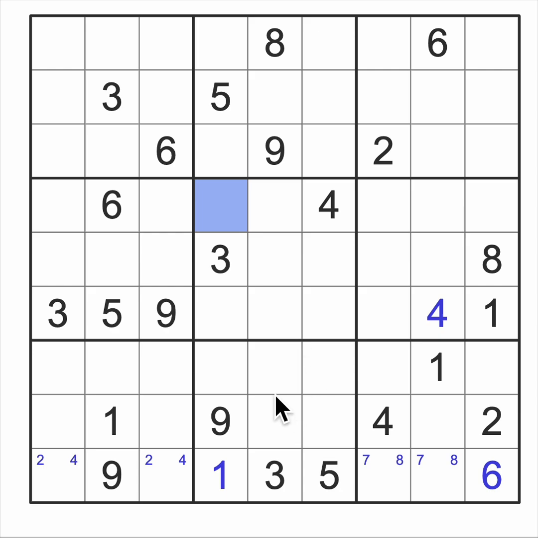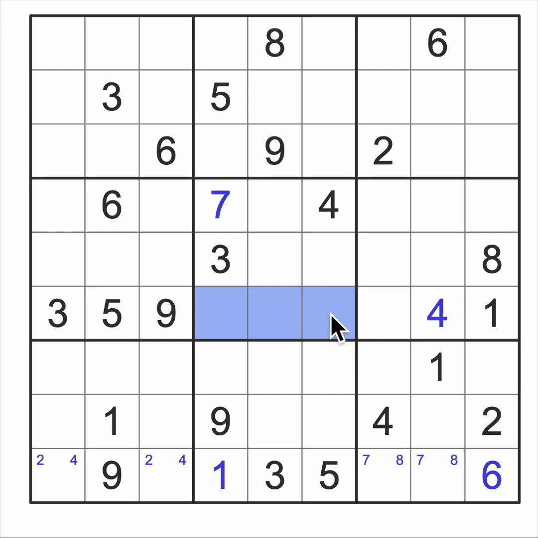And focusing on this cell, it cannot be 1, cannot be 2 because 2 will be used in one of these, cannot be 3, 4, 5, 6, could be 7, cannot be 8 because it will be used in here, and cannot be 9. So that leaves only 7 for this cell.